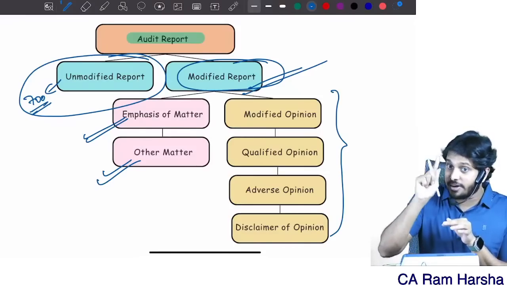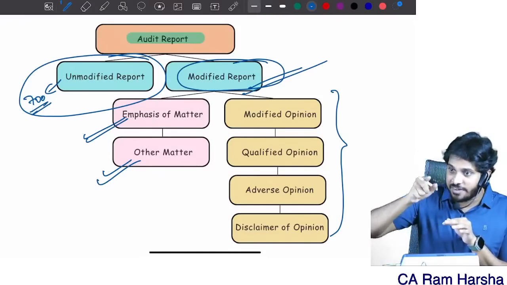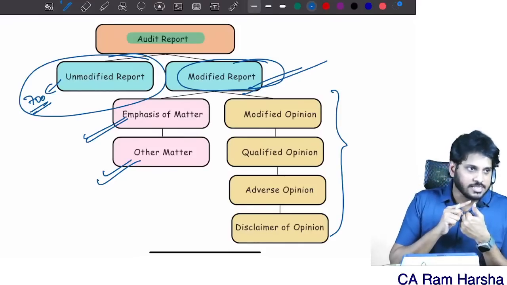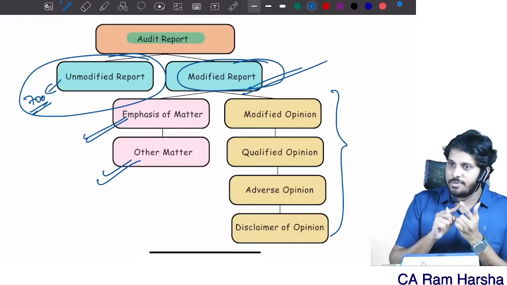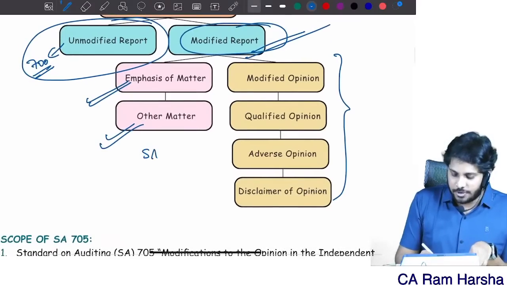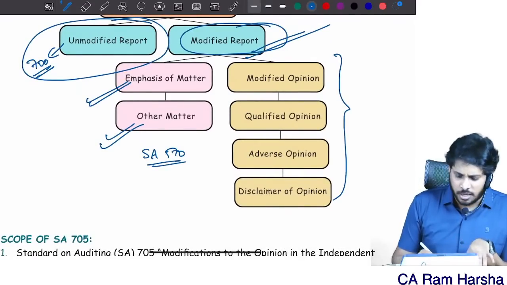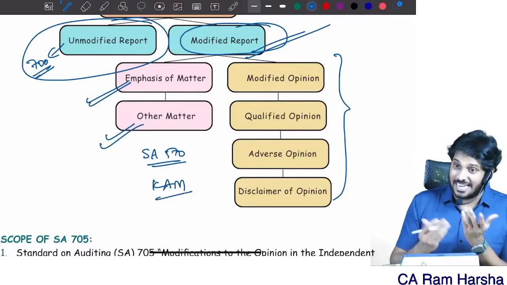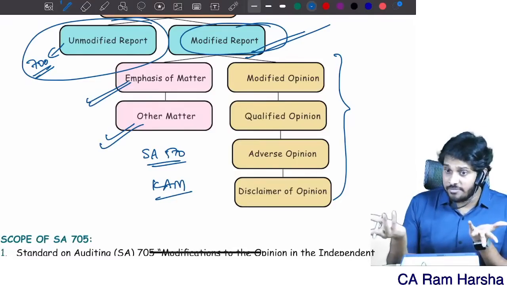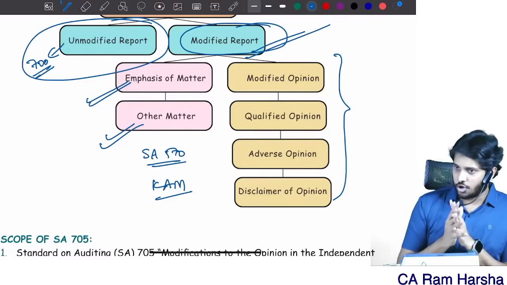Remember, it is not modifying the opinion; I am talking about modifying the report. When the auditor decides to use an emphasis of matter paragraph, other matter paragraph, or material uncertainty related to going concern, even if under SA 570 you are including that matter, that is also a modified report. Even if you are including a key audit matter, that is also called a modified report. Clear or not?